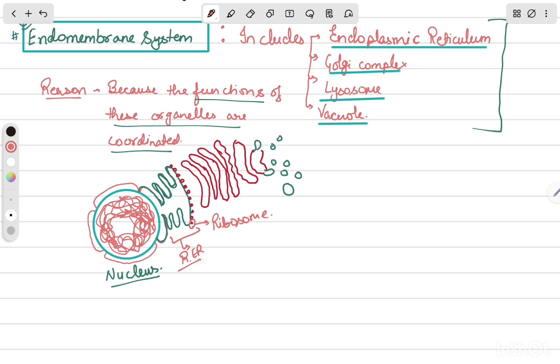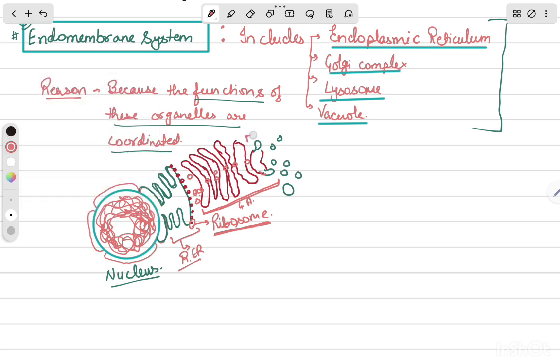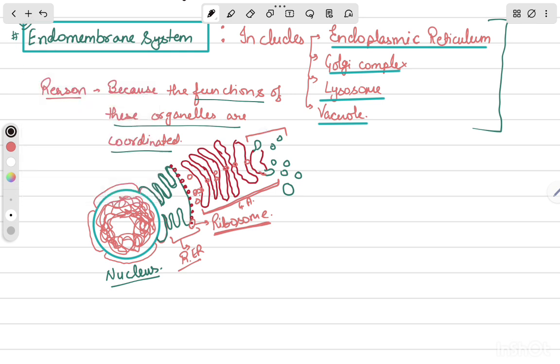This ribosome helps in protein synthesis. Proteins are synthesized in the form of vesicles. These vesicles will fuse with the Golgi apparatus. This complex is the Golgi apparatus or Golgi bodies. These vesicles are transported through the Golgi complex and reach this phase, the forming phase, right?